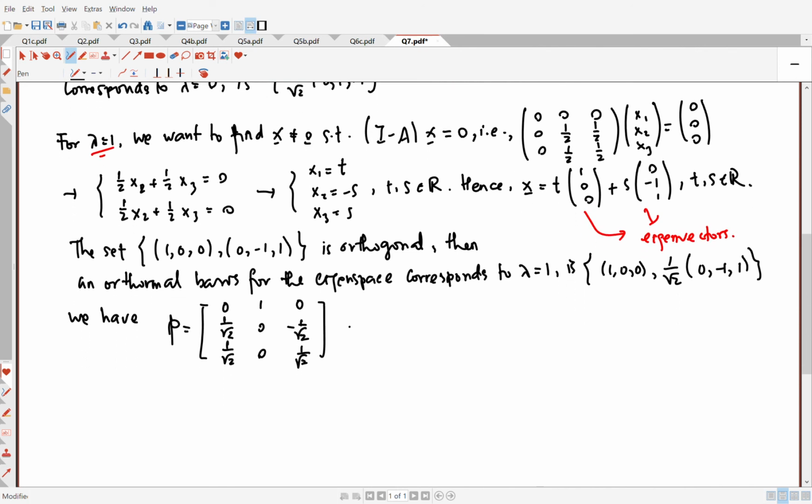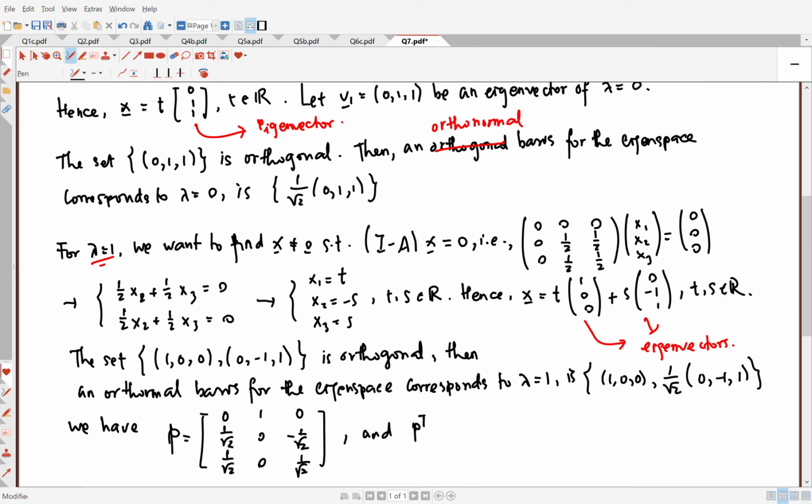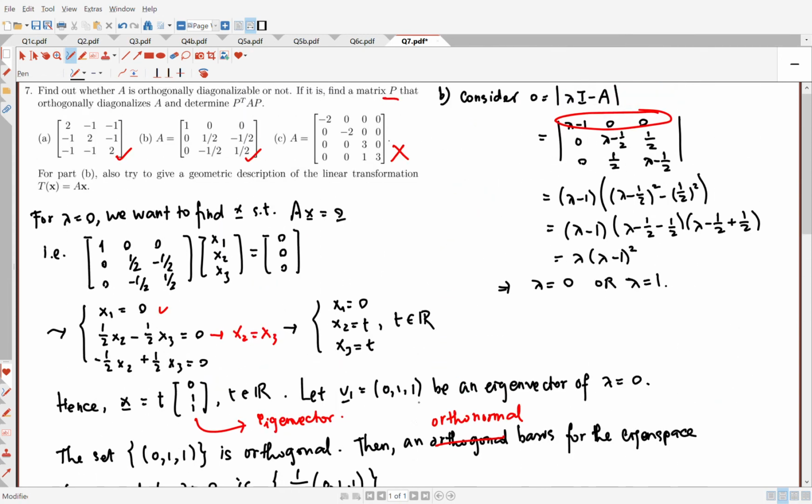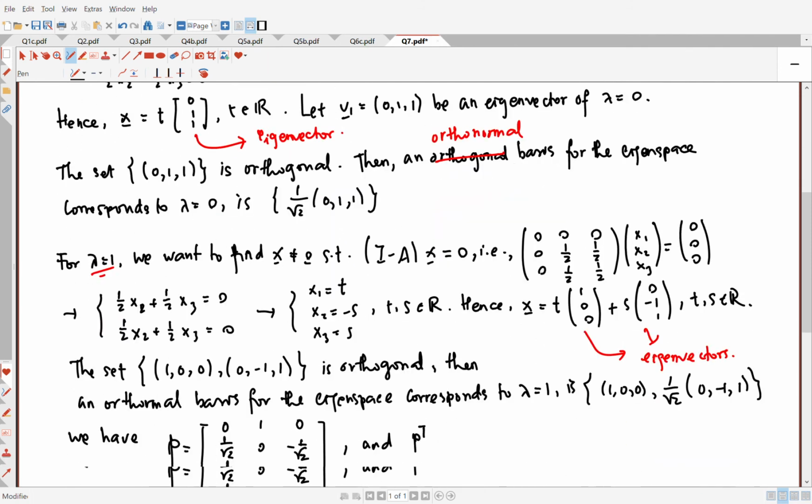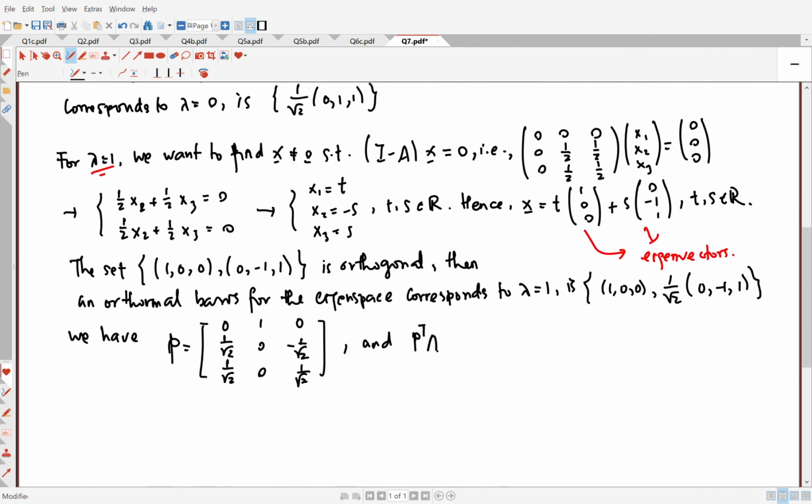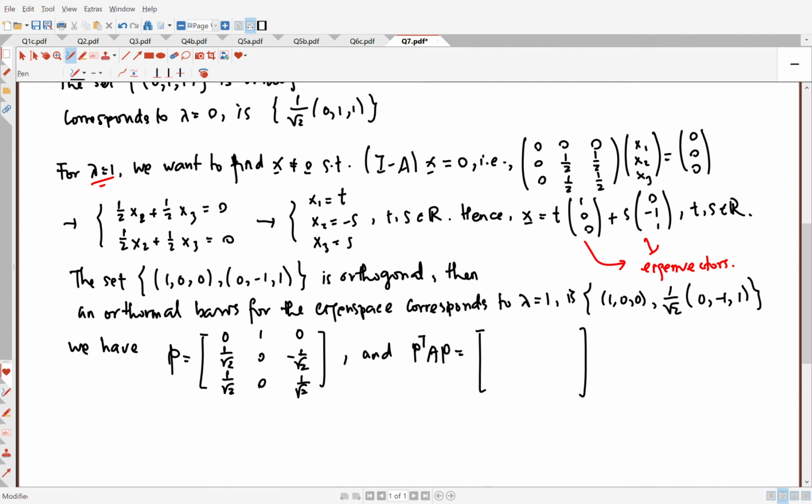And P transpose, yes, we are asked to find that. P transpose AP will be a diagonal matrix whose entries are the eigenvalues. So for this case it is 0, 1, 1. Okay, and we are done.